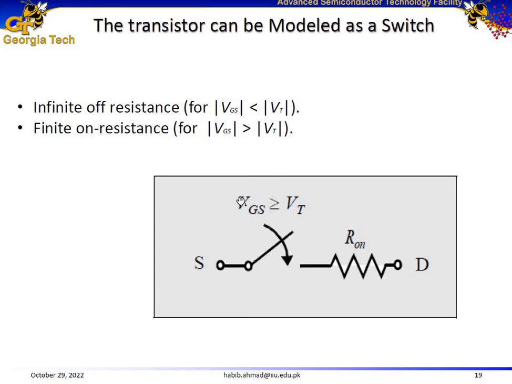But if VGS is greater than VT, it's going to start conducting. So the switch would be turned on, and then it will have a certain on resistance as well, because as we increase or decrease the voltages above the threshold voltage, the current is also going to increase or decrease. So that means the channel does have a certain amount of resistance as well. So you can model the transistor with the help of a switch as well.